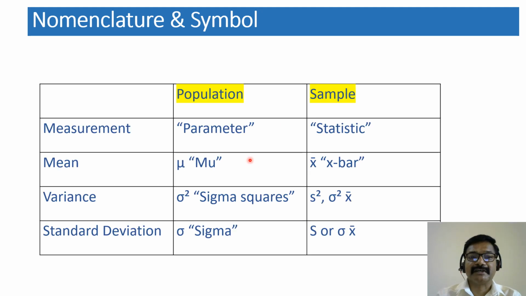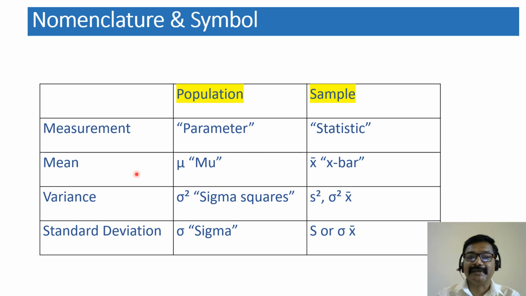Let us see nomenclature and symbols which are used for the population and sample. Whenever you are measuring some kind of value or drawing a conclusion from the population, it will be called a parameter. And whenever you are measuring something for the sample, it will be called a statistic.